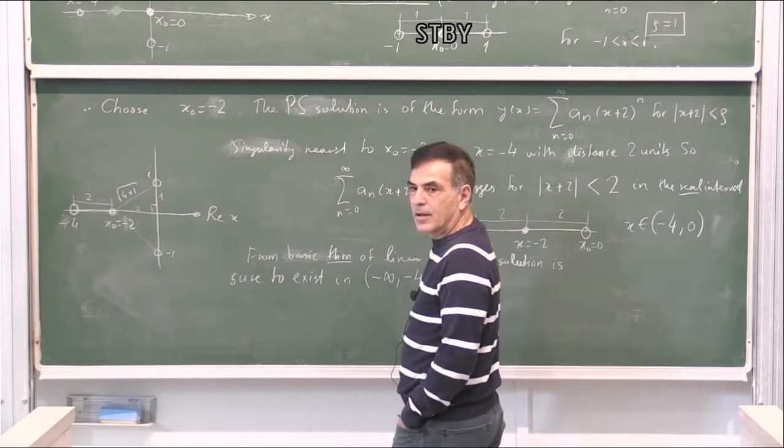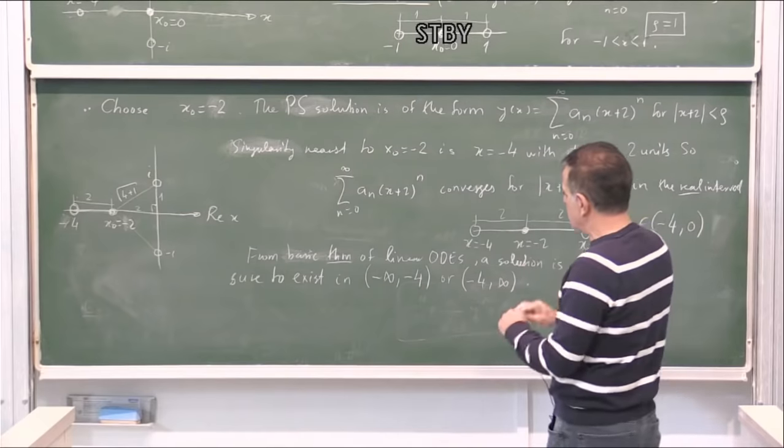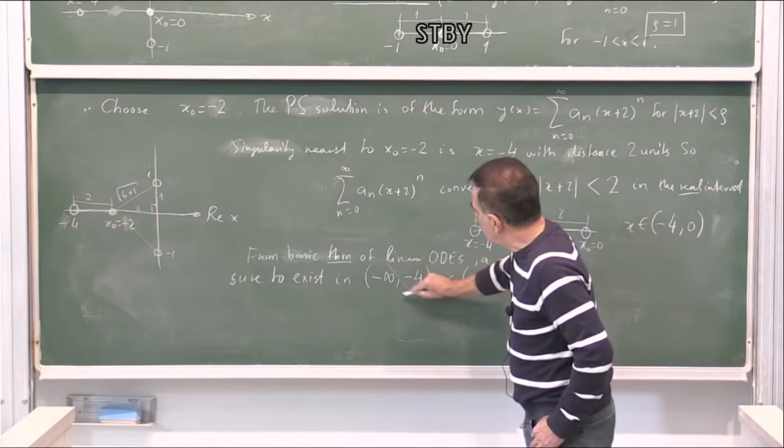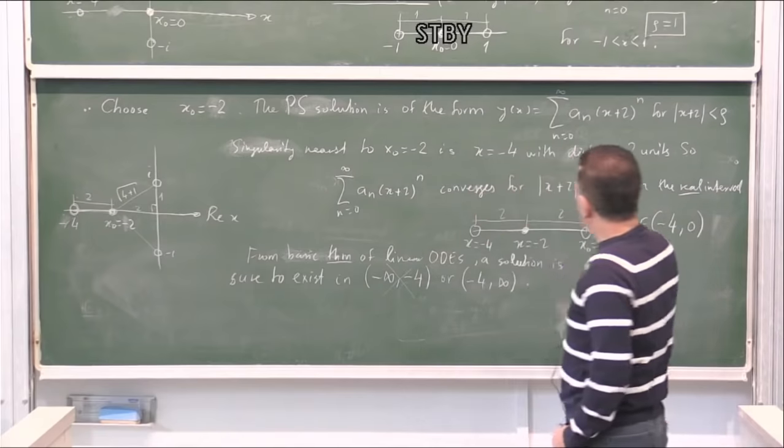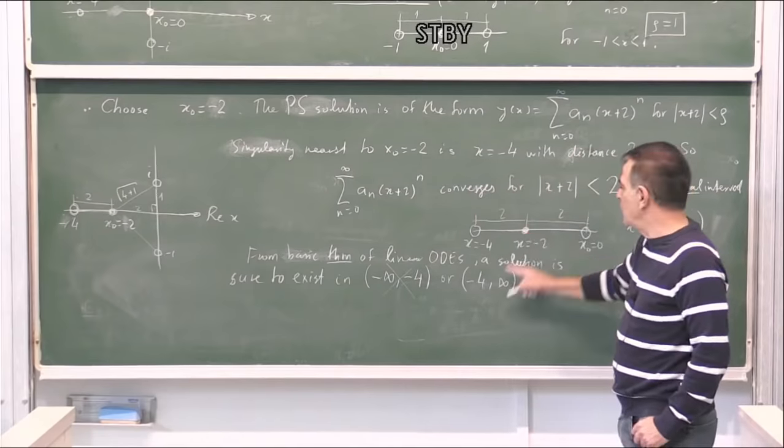Okay. There is a singularity at -4, so we consider the interval from -4 up to infinity. Look, the basic theory tells us that, so forget about the other interval, because we propose a solution around -2, which lies in this interval, okay?